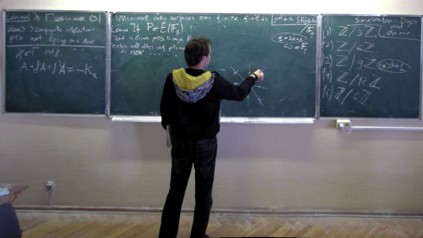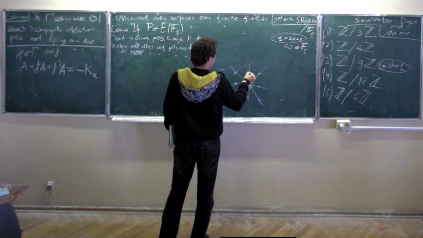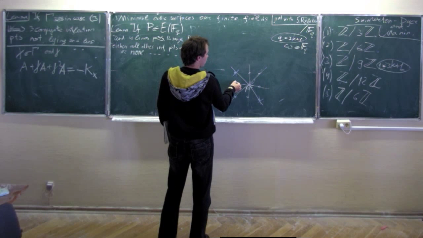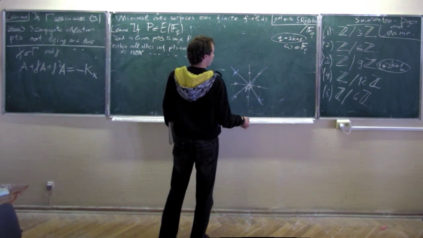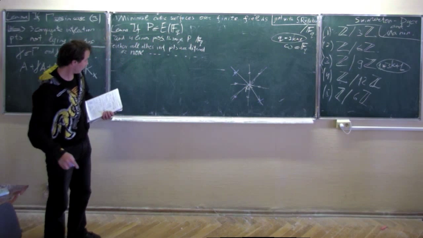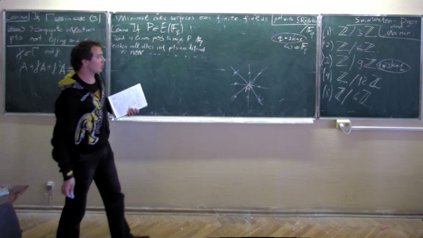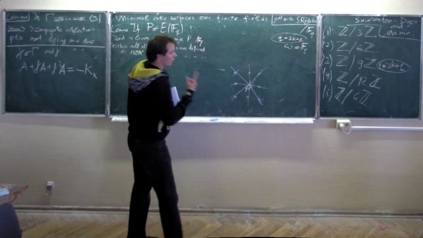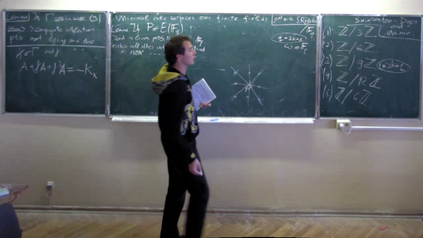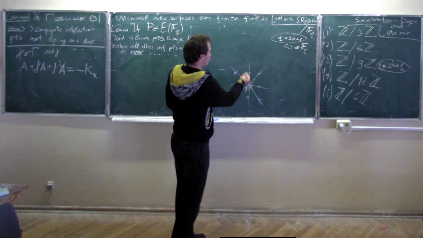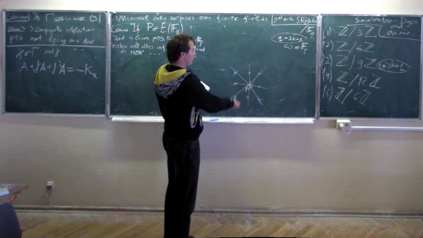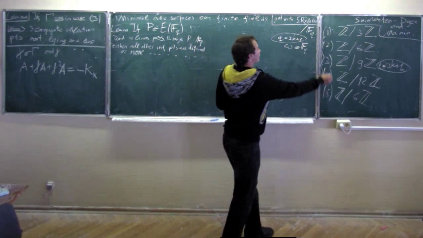Then, for example, this point should go there, and it's impossible since these lines are defined over our ground field. So this is quite a simple lemma, but what does it really say? If all 9 points are defined over FQ, then we have the first case. If the 4 lines passing through P are defined over FQ, but the points are not defined, then we have case 2.